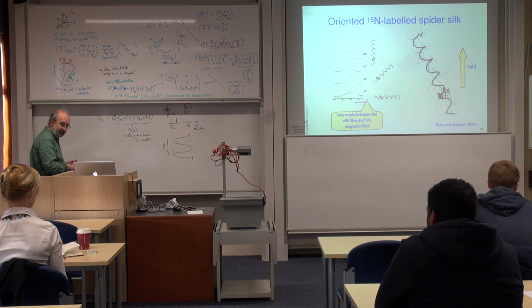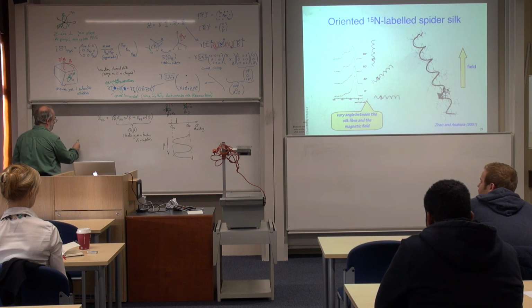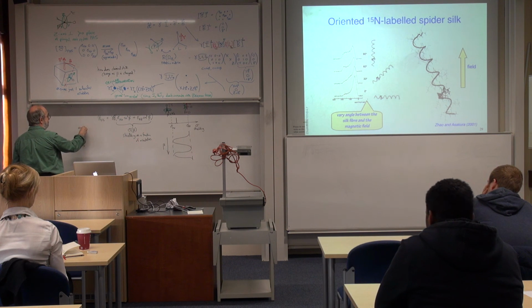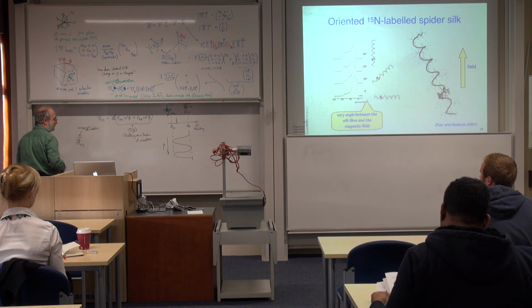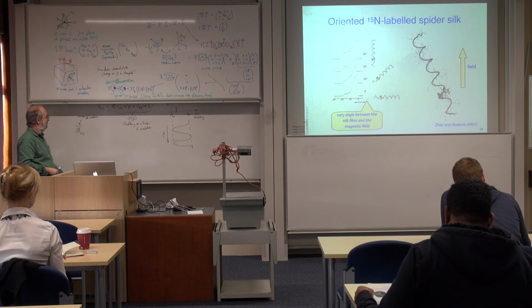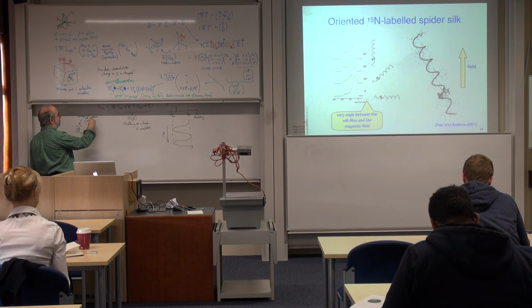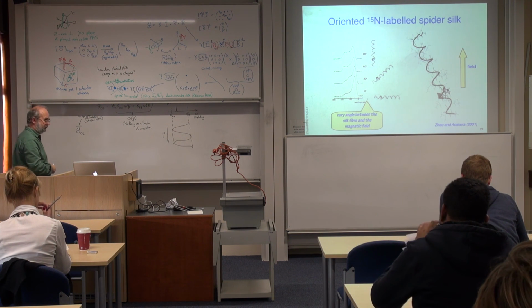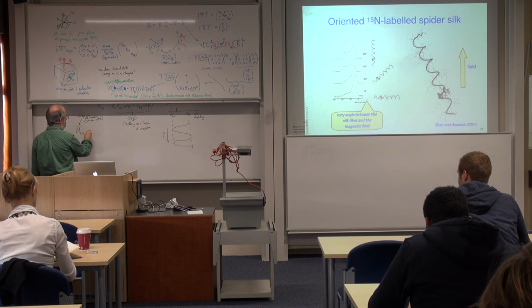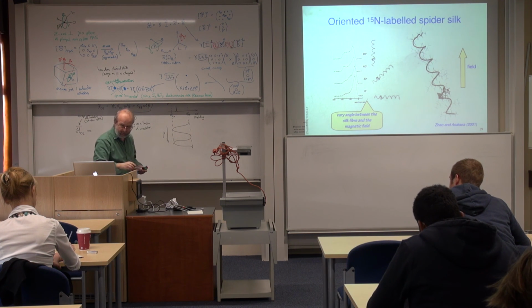So let's calculate the average over all orientations. So this would be what happens in solution NMR. Now, to take the average, you integrate over a probability distribution.